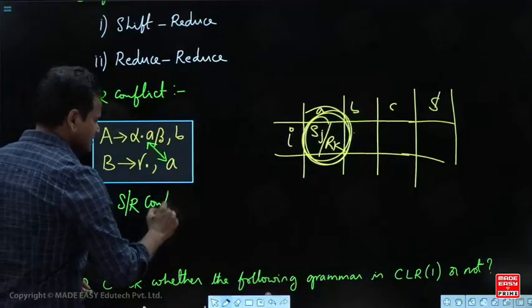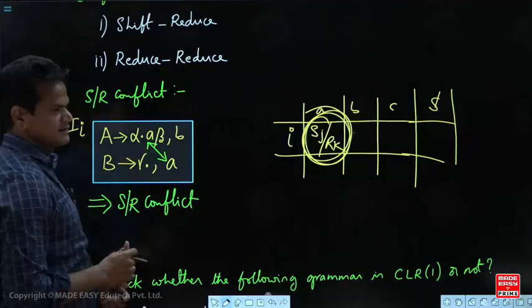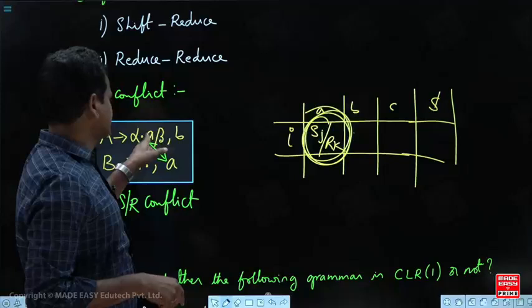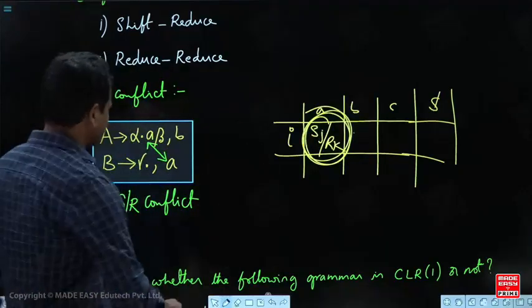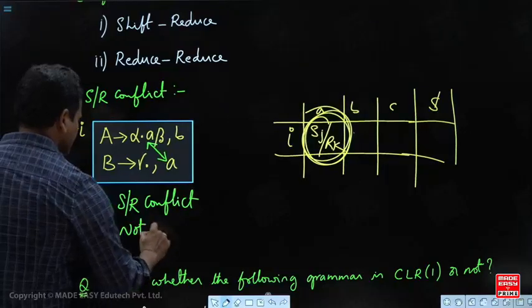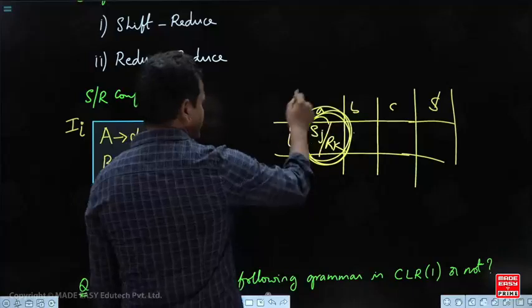Whereas in the case of SLR(1), what must be done? Follow should be matched. Here no need to find first and follow. Look ahead and shift symbol both are same, shift reduce. That's it. Okay. So copy this. Implies not LR(1). LR(1) or CLR(1) both are same.